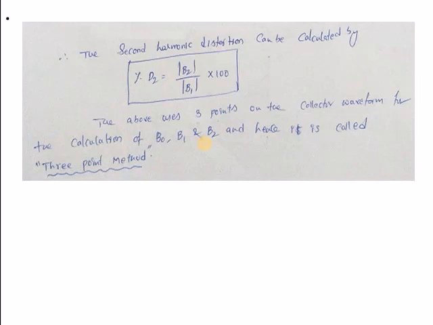If the shape of the output waveform is not an exact replica of the input signal, then that is called distortion. The distortion changes the shape of the output signal so that it is not an exact replica of the input signal.